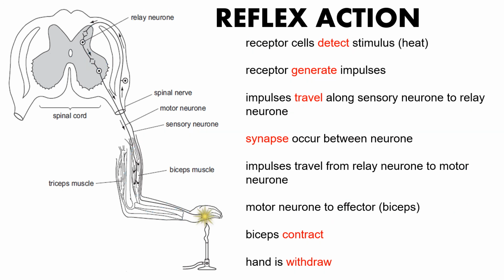Next, let's look at the animation of how the impulse travels along the reflex arc. So this will be the impulse. As you can see, the impulse slowly travels, though it's actually very fast. It travels from the sensory neuron to the relay neuron, and then to the effector by the motor neuron.